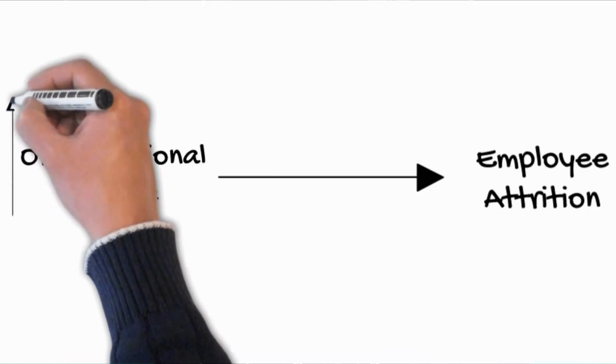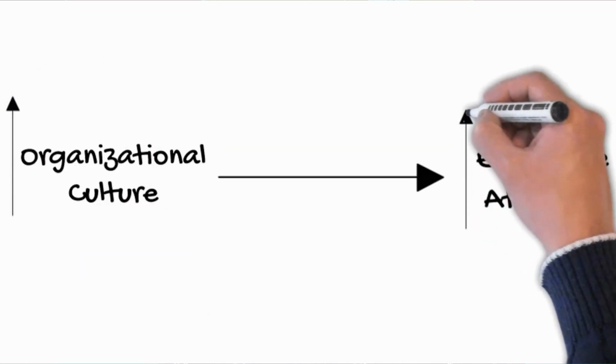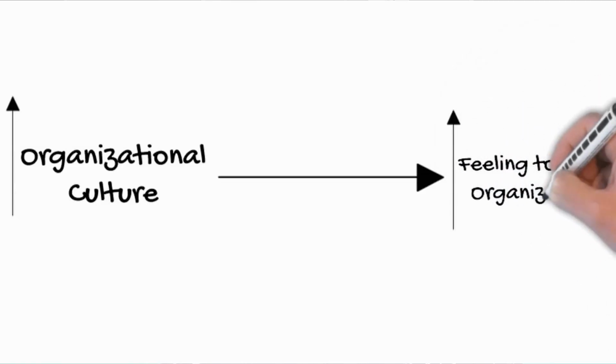This would mean that the causal relationship isn't working as we anticipated. It still might be there, but the better the culture, the more people might leave because they can leave. We might then measure some other variables, such as the feeling they have about the organization when they leave. Maybe that's a better outcome variable to look at to really understand what's going on.